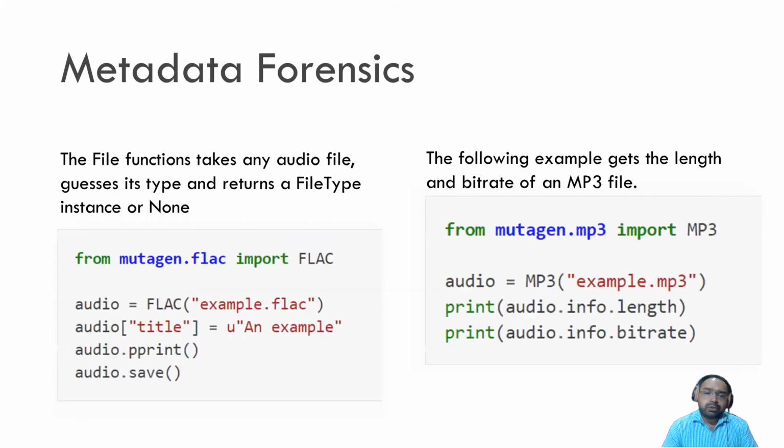Similarly, you can also handle different types of audio files. In the code on the left-hand side, we are getting the information related to a FLAC file, and in the code on the right-hand side, we are extracting the information of an MP3 file.